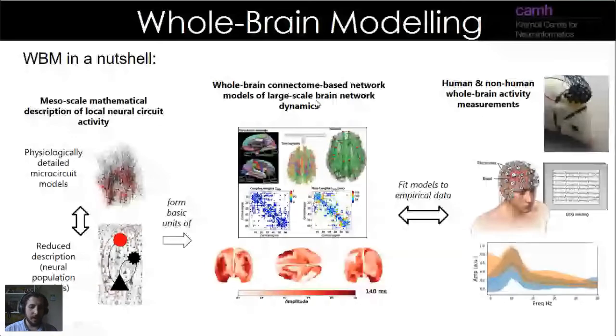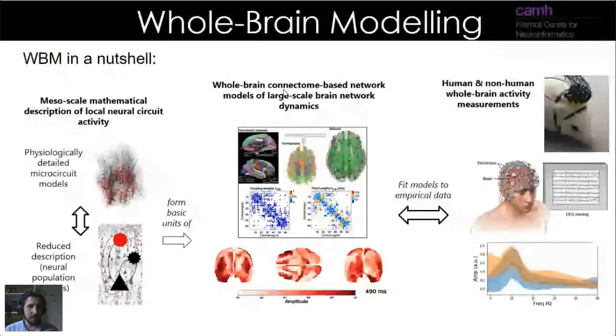Now, I'll be elaborating on these terms, whole brain and connectome-based, over the course of the talk. But the basic idea is we're talking about a network level description or representation of the brain at the whole brain scale, or roughly the whole brain scale, with the caveats that I described just now.